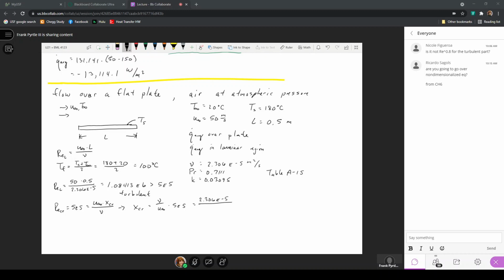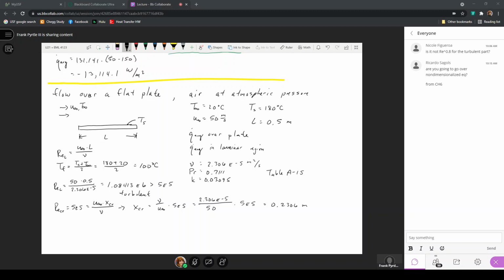The free stream velocity is 50 meters per second times 5 times 10 to the 5th. All right, and so it says here that the transition point is at 0.2306 meters.